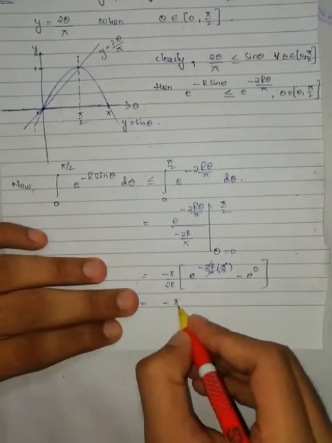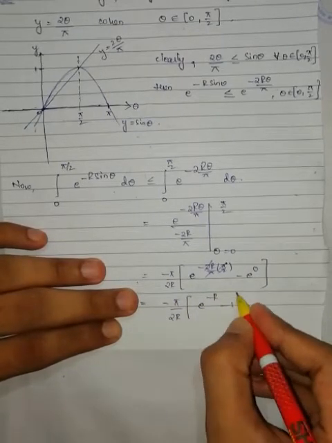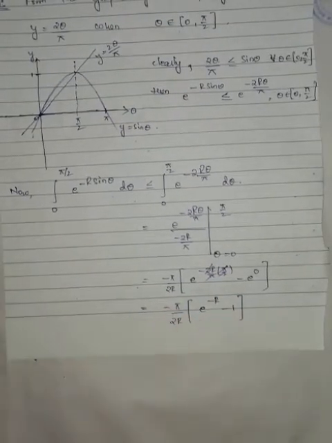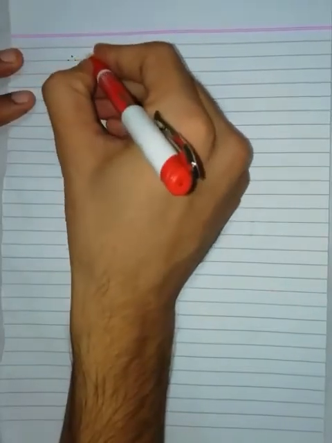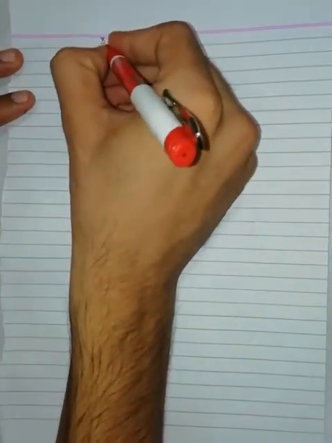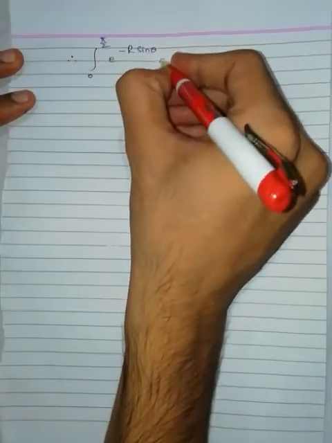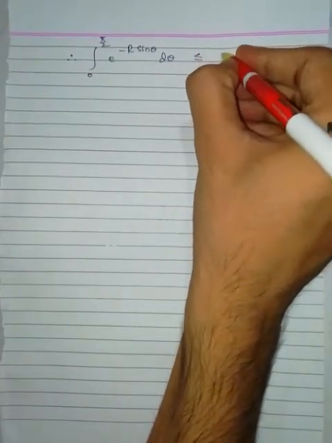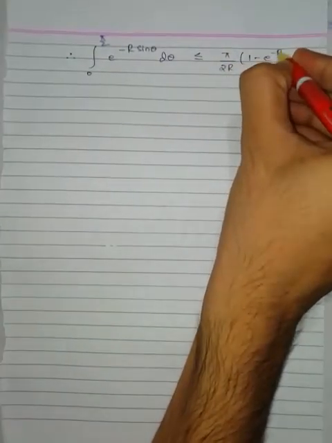We will get minus pi by 2R into e to the power of minus R minus 1. Now multiplying minus this one inside, we will get, therefore integration 0 to pi by 2 e to the power of minus capital R sin theta d theta is less than or equal to pi by 2R into 1 minus e to the power of minus R.